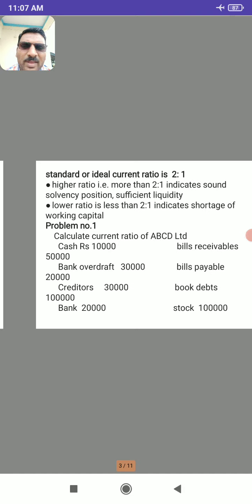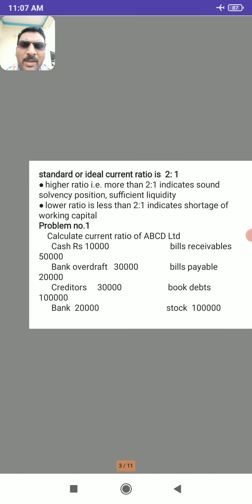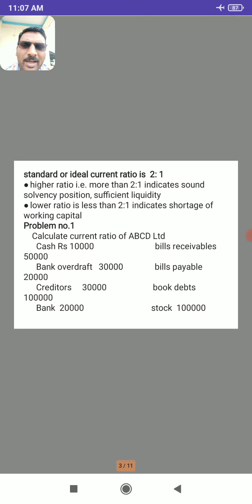From this information, first we will classify it and find out the current assets and current liabilities. After that we will move to calculate the current ratio.